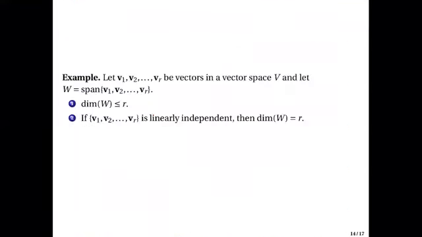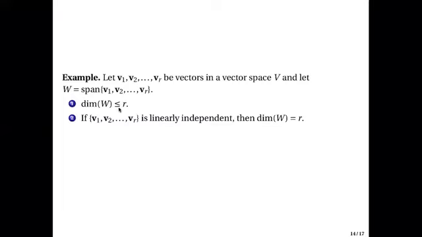Okay. Now, let's look at this example. In fact, this is not an example. It's actually more results. So suppose let's take V1, V2 until VR be vectors in a vector space V, and let W be the span of V1, V2 until VR. Then the dimension of W will be less than or equal to R. Okay?